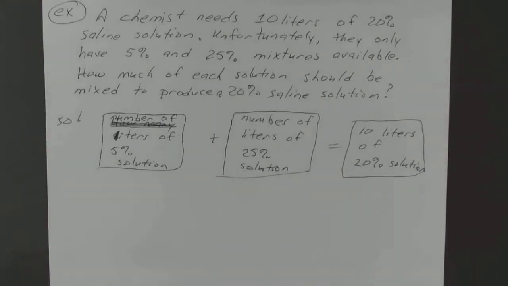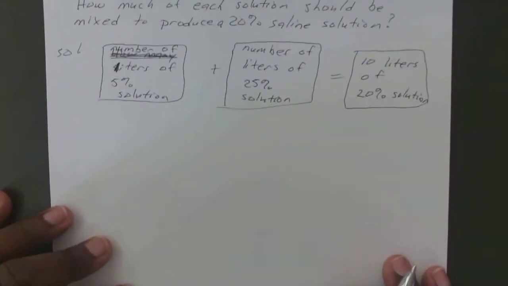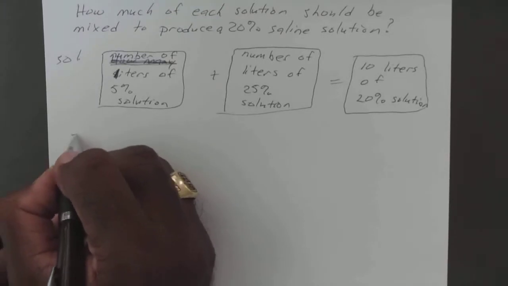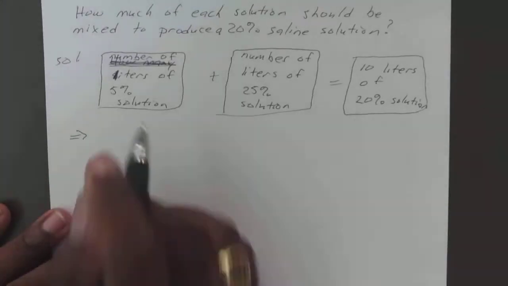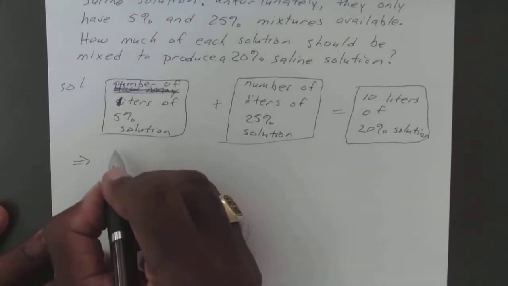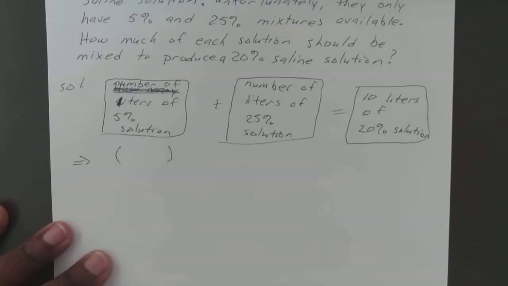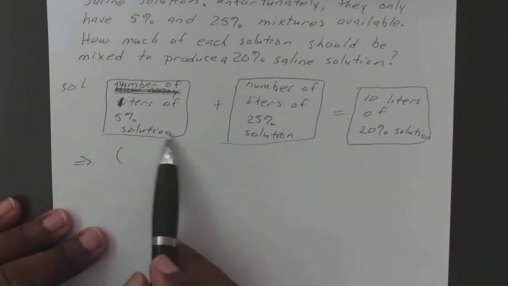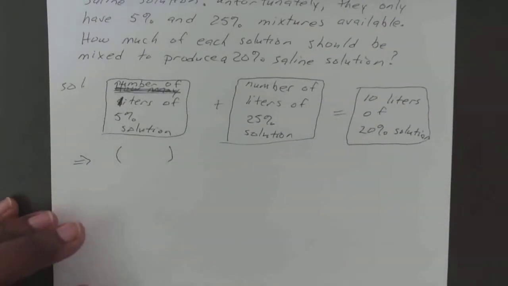Believe it or not, this will actually all work out. If we wanted to just convert that to an equation, we know that this section here is 0.05 times the number of liters we would have.